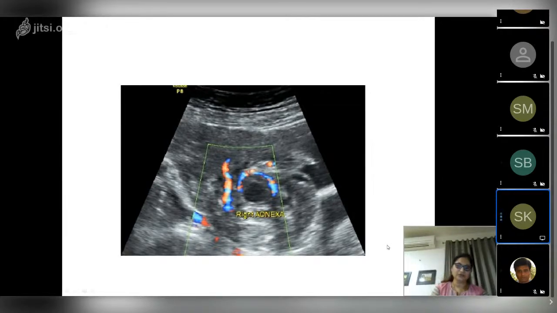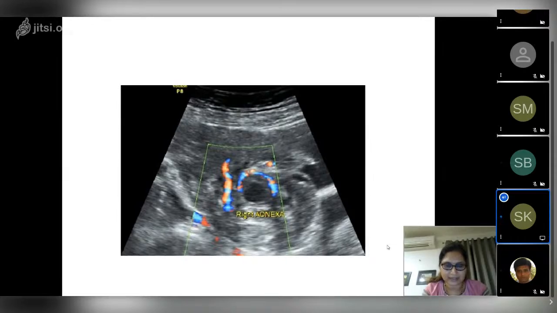No, the preferred investigation is transvaginal only. Transvaginal is better than transabdominal because the clarity of the picture will be much better with transvaginal.